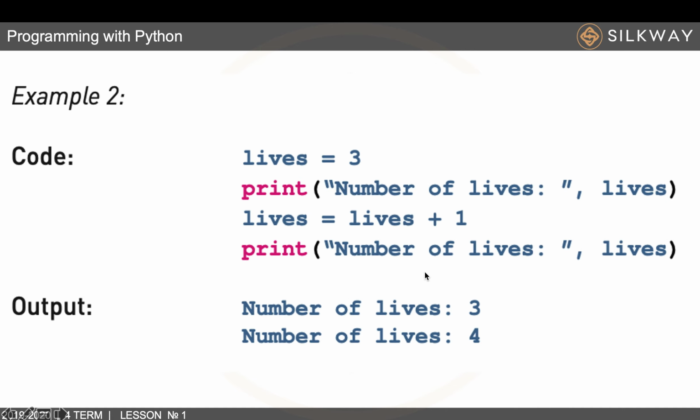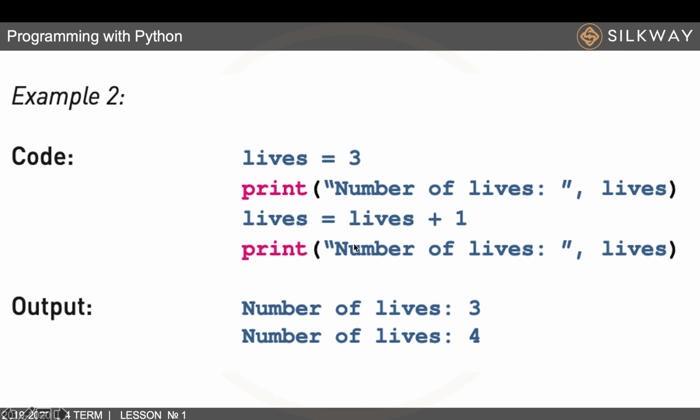Okay. The second example is here. Lives. Lives equal to 3. And if you print number of lives, it will show you this number. But in the same code, if you write lives equal to lives plus 1, now this lives is changed. It becomes bigger by 1.